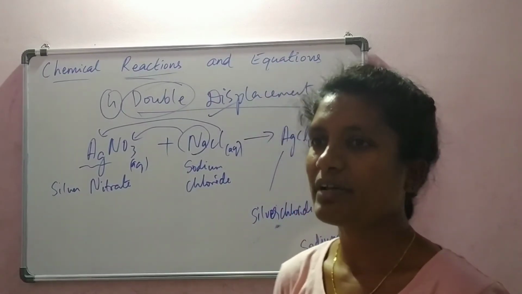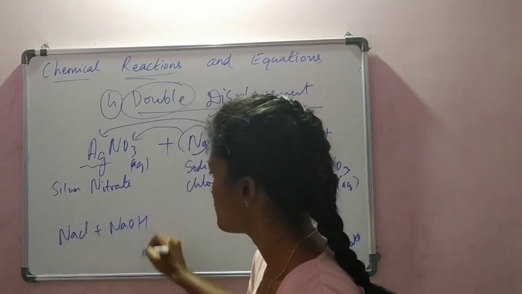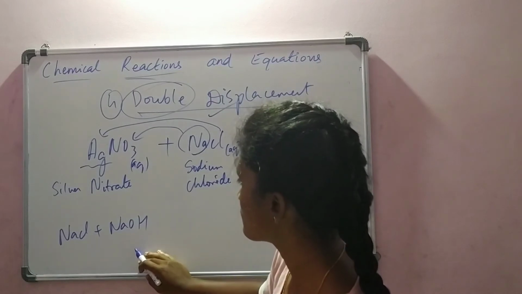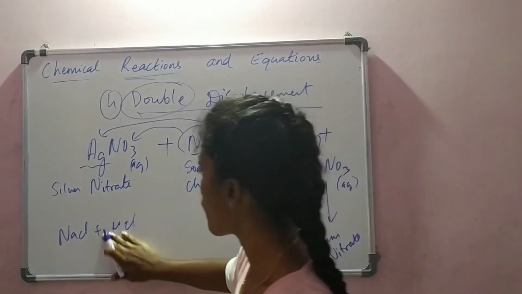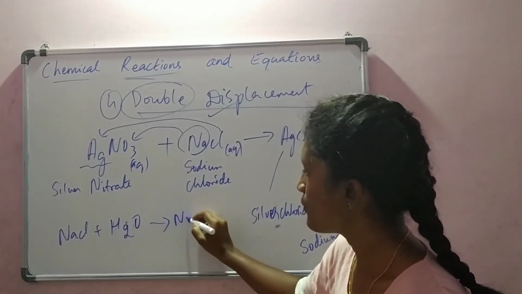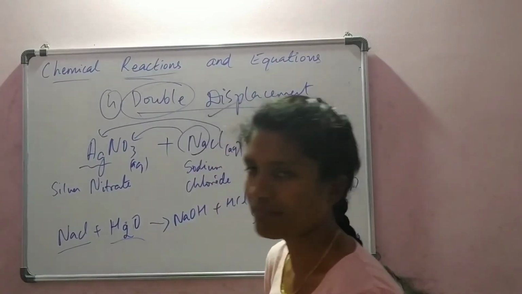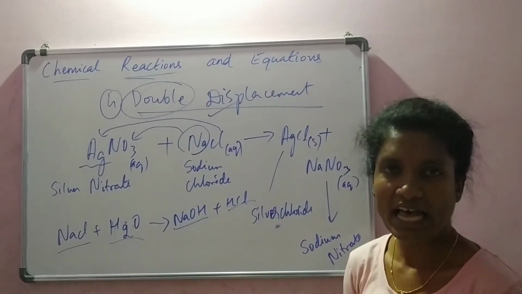You can take an acid-base reaction, NaCl plus water. Putting NaCl with water, what do you get? You get NaOH plus HCl, which is a salt reacting with water giving you a base and an acid.